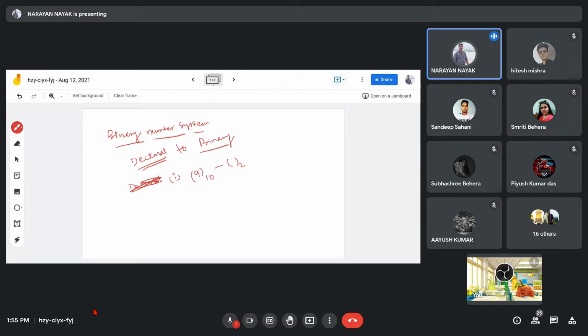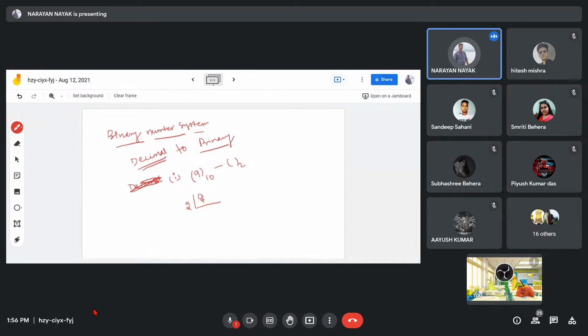So what you have to do here: you have the decimal number 9. To convert decimal to binary, you have to divide the decimal number by 2.